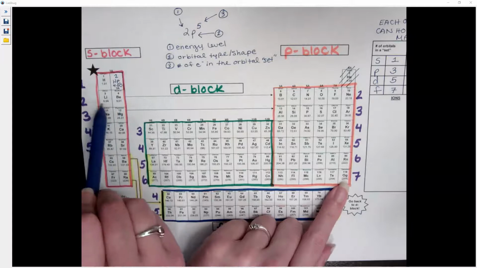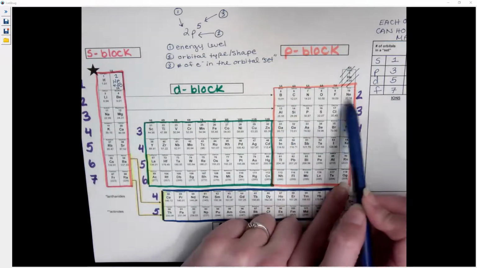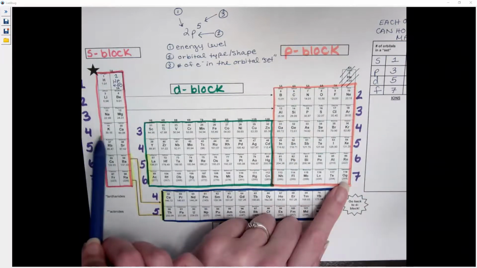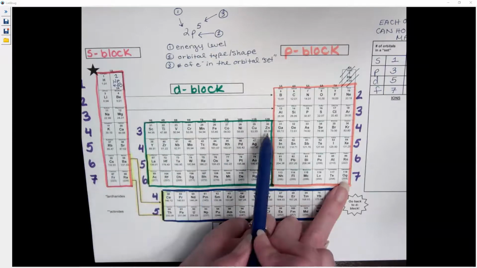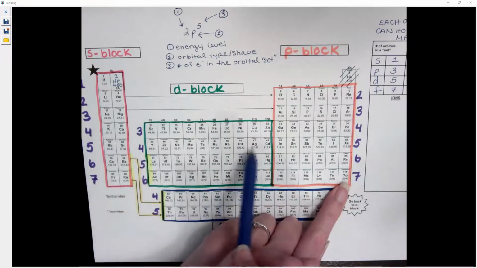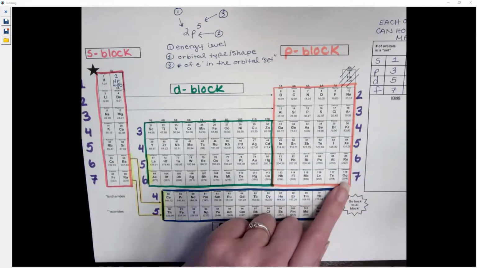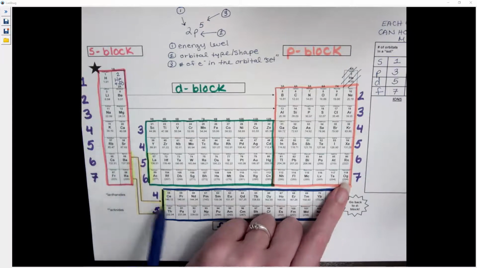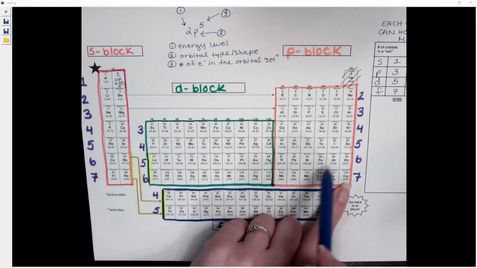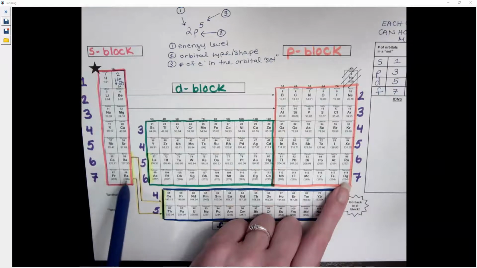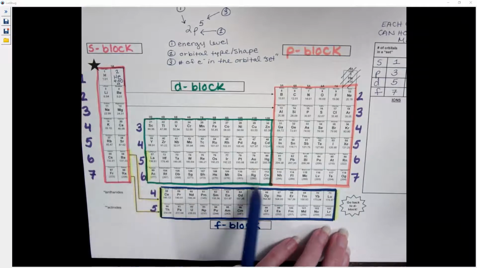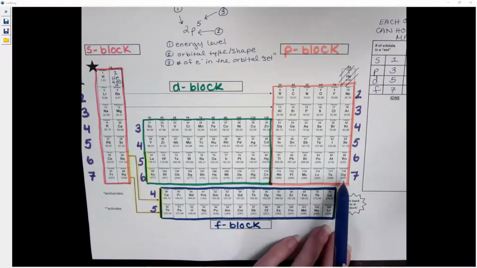1s2, 2s2, 2p6, 3s2, 3p6, 4s2, 3d10, 4p6, 5s2, 4d10, 5p6, 6s2, 4f14, 5d10, 6p6, 7s2, 5f14, 6d10, 7p6.